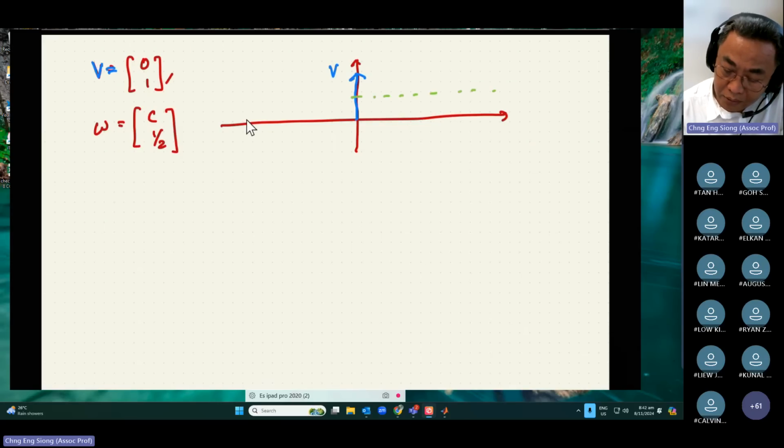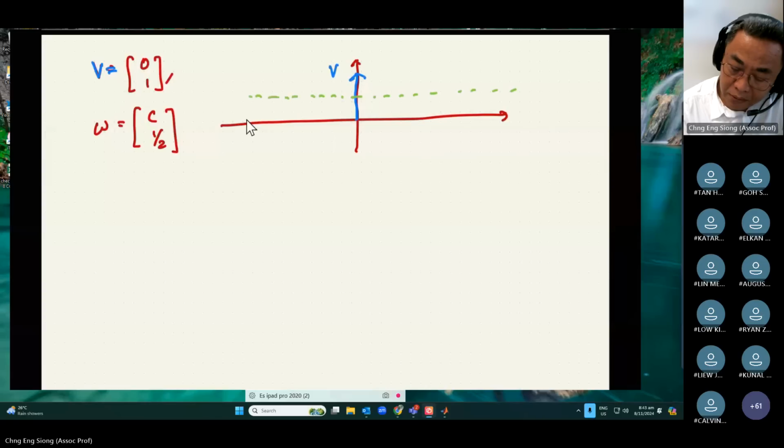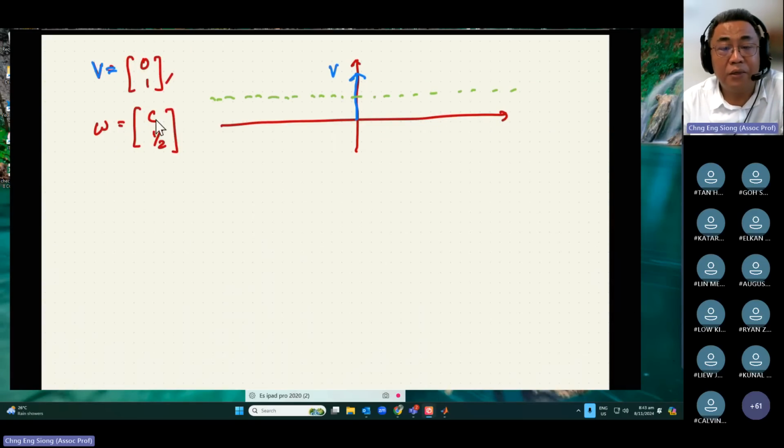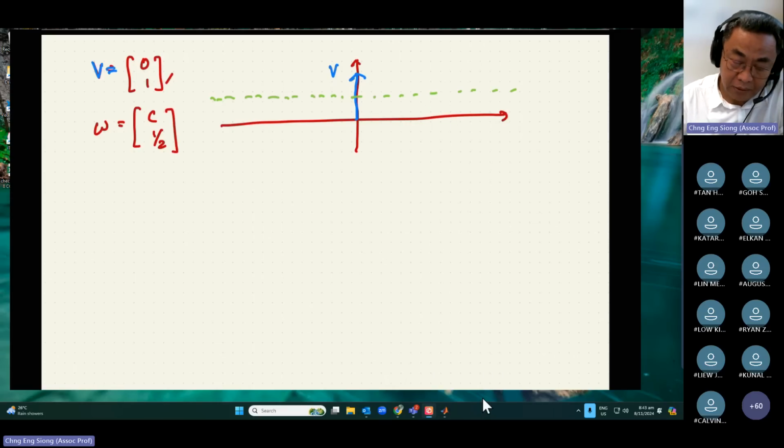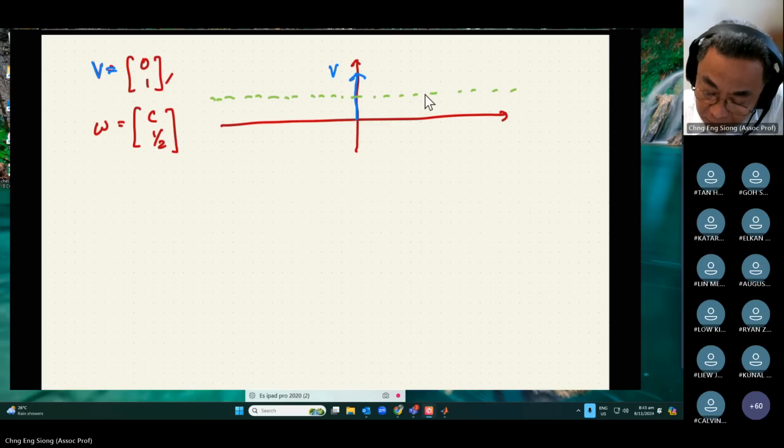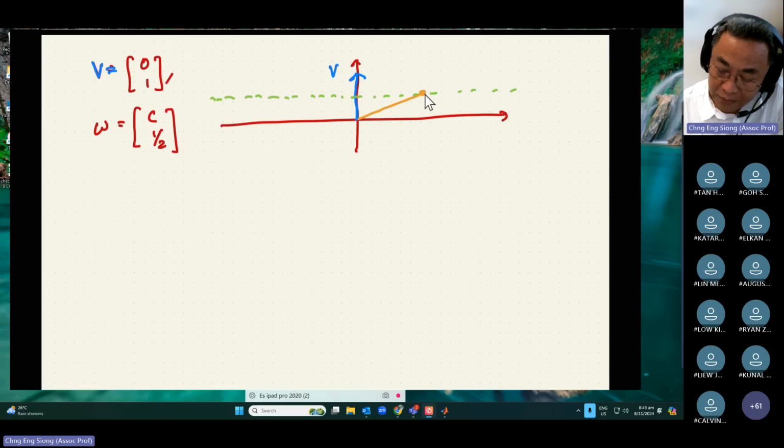So I'm going to draw a dashed line here. So in fact, C can be any value along the horizontal axis. But 1 radian, how much is 1 radian? It is about there, I think. So let's have some C here. And of course, C can move anywhere. And this is theta.